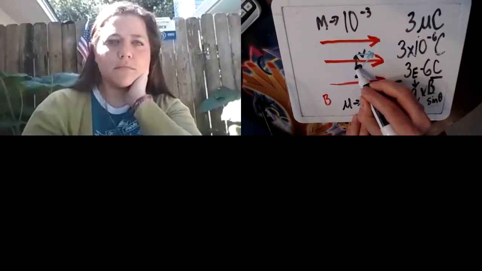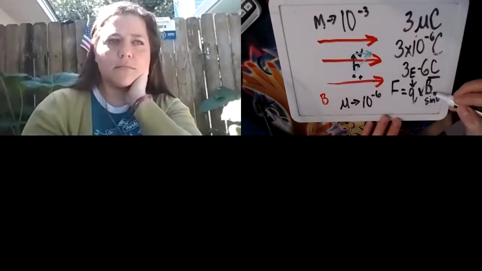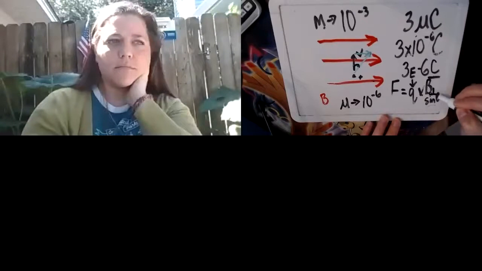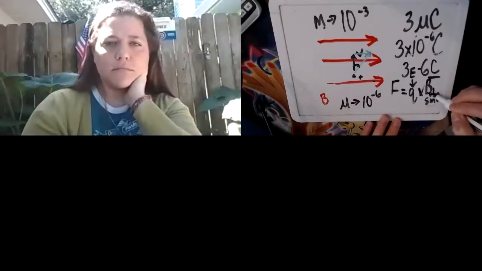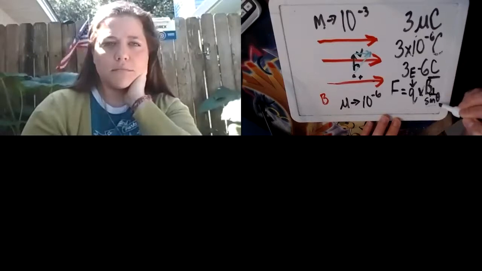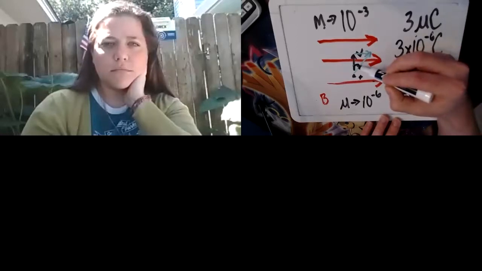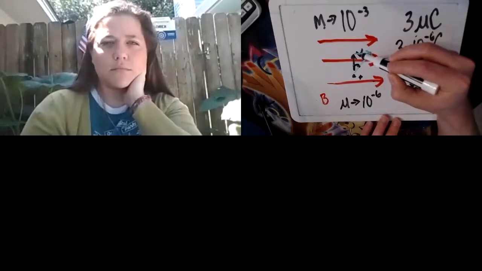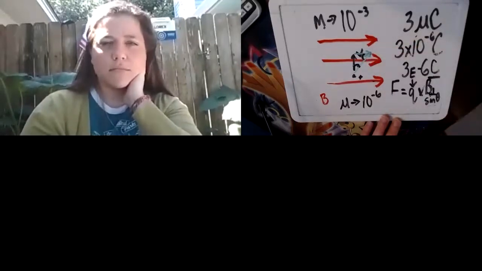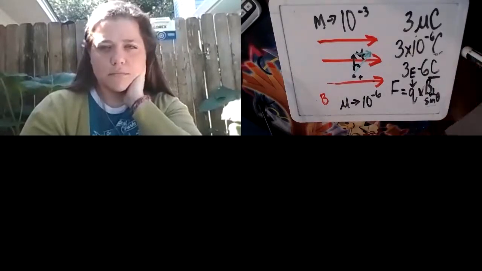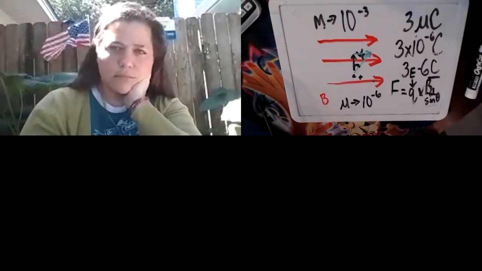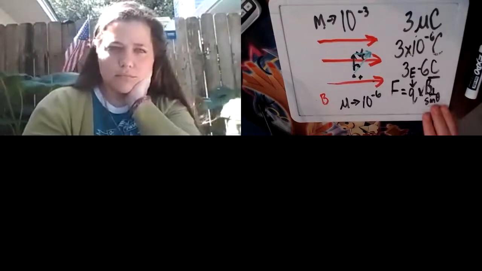So the more effective technique at the end of the day is to say that I want my velocity and my magnetic field to be perpendicular to each other. And you could always find that perpendicular component with sine theta. However, you might have to take this angle right here, do 90 minus that angle to find this angle right here. So there's a little bit more trigonometry that Edgenuity is doing with our students than we had done so far. But that would be where they're getting that sine theta from.